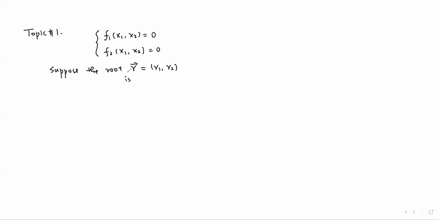And suppose this point (x1 tilde, x2 tilde) is an approximation to the root alpha.